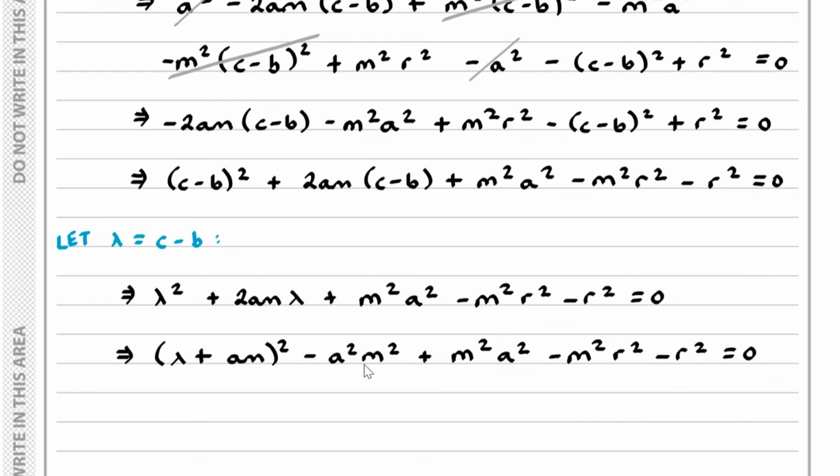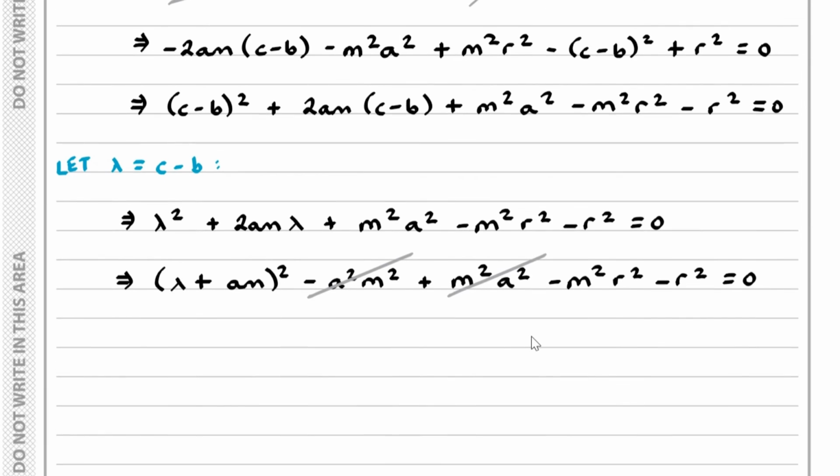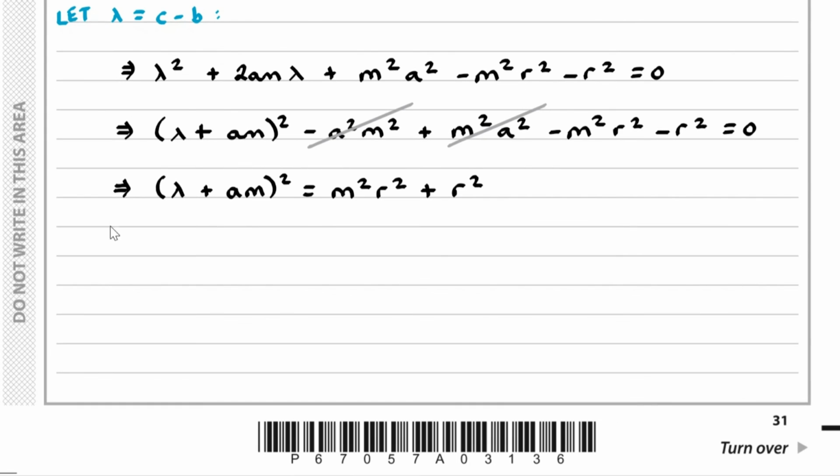So we've got minus a squared m squared plus m squared a squared. Well, those will simplify to 0, and therefore we will be left with (lambda plus am) squared equaling m squared r squared plus r squared.